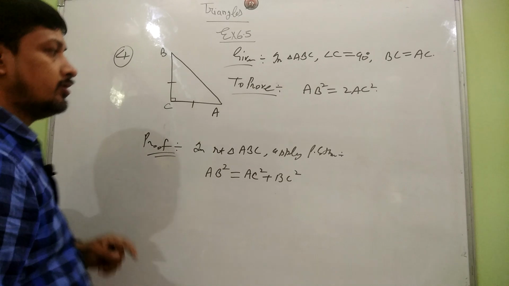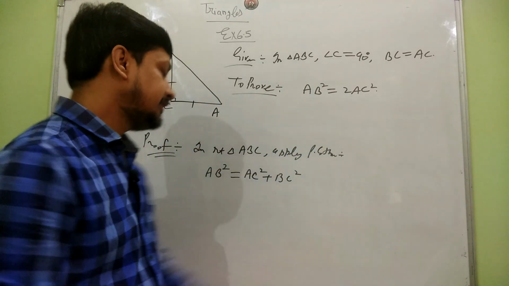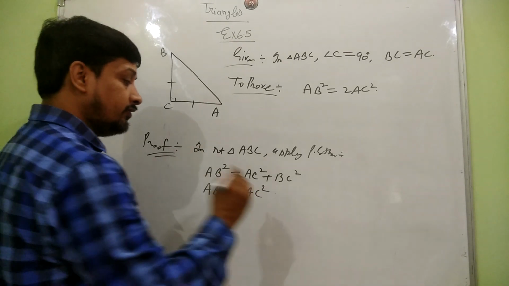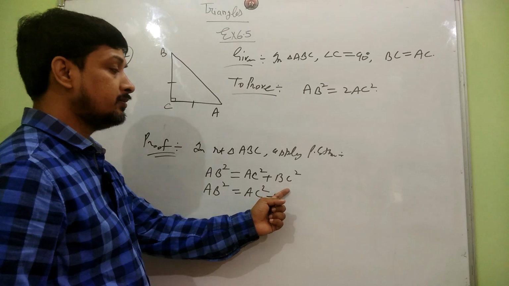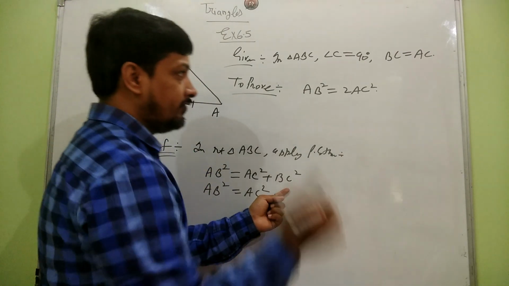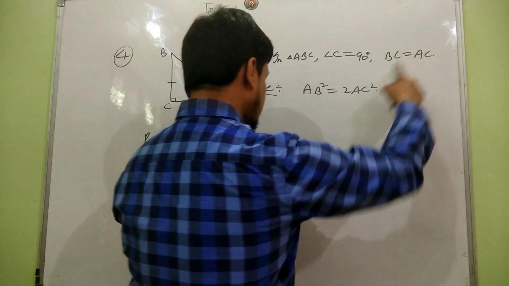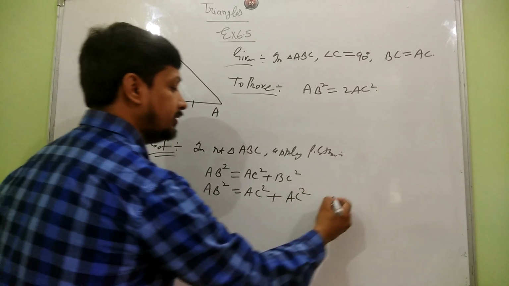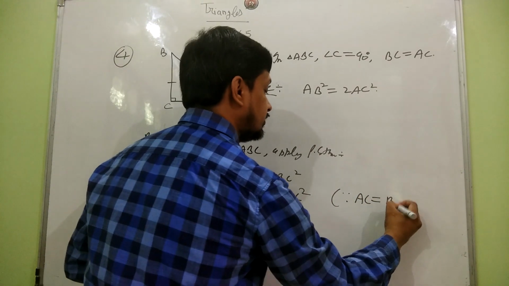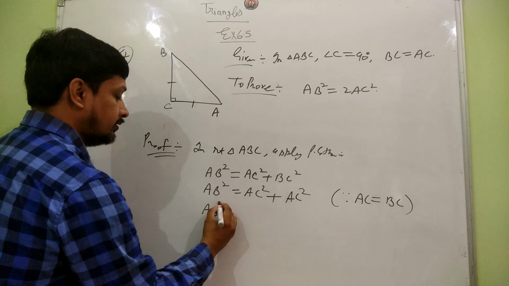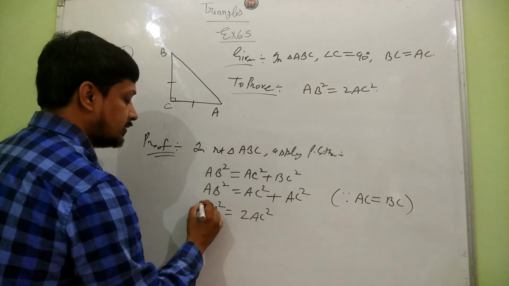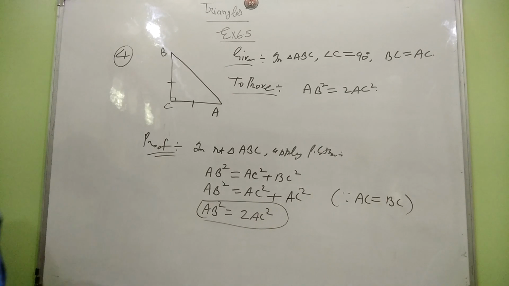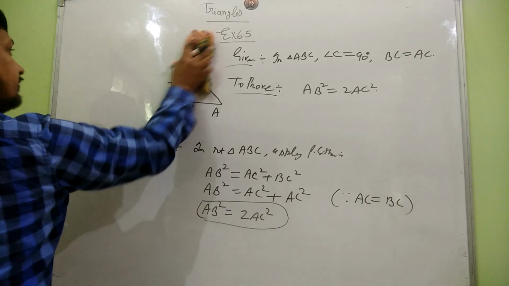Now we need the result in the form of AB and AC. So we will not change AB, we will not change AC, but we can change BC, because there is no BC in our result. And we know BC is equal to AC. So in place of BC, you can write AC. So BC square will be equal to AC square. Now you have the required result: AC square plus AC square equal to 2AC square. So this is question number 4. It is also very easy. Now move to question number 5.